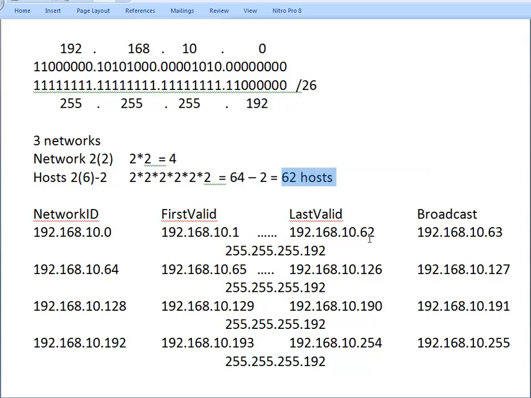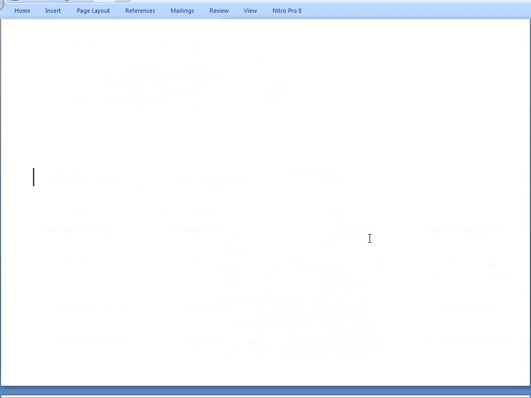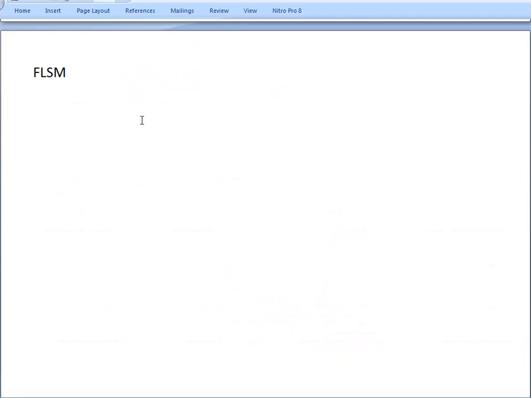Well, it's really hard to find network requirements that need exactly the same number of hosts per network. So what we're going to learn later on is something called VLSM, variable length subnet mask. That's more realistic. Each network will have different requirements based on how many host IP addresses we need.